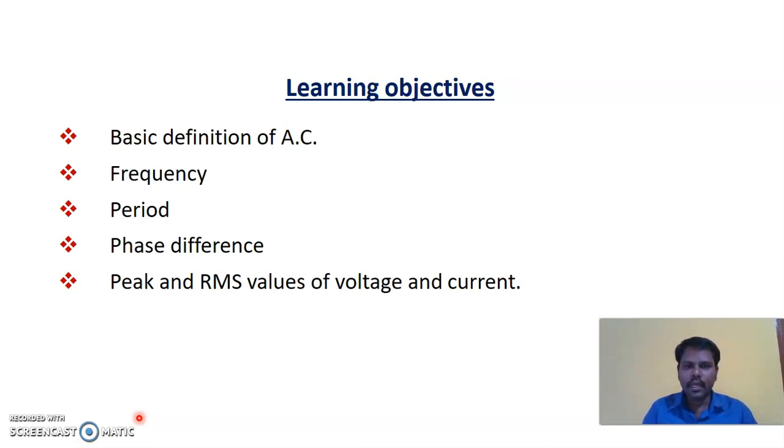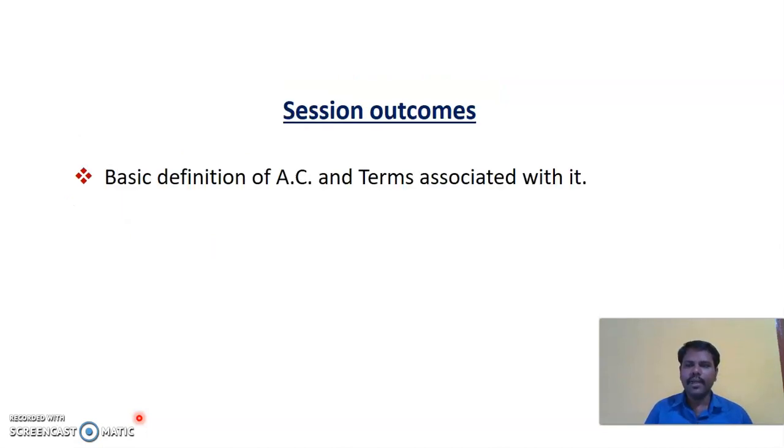The main learning objectives of this session are to understand the basic definition of alternating currents, frequency, time period, phase difference, and peak and RMS values of voltage and current. By the end of this session, you will come to know the definition of AC and the terms associated with that.